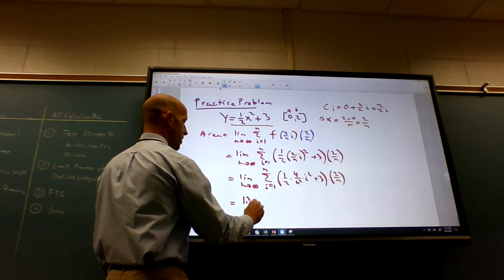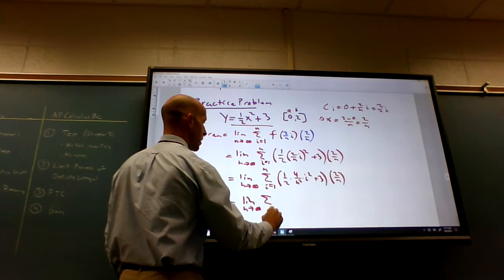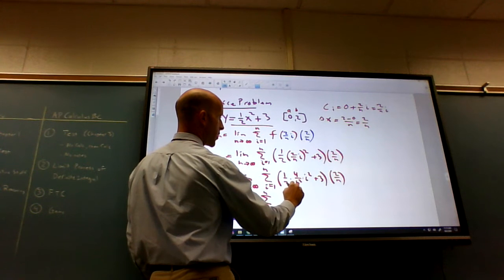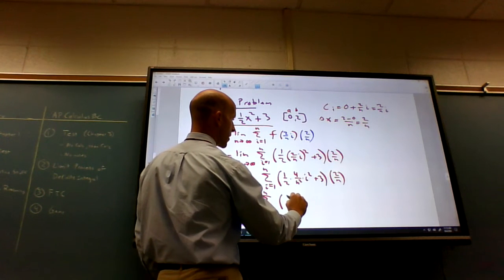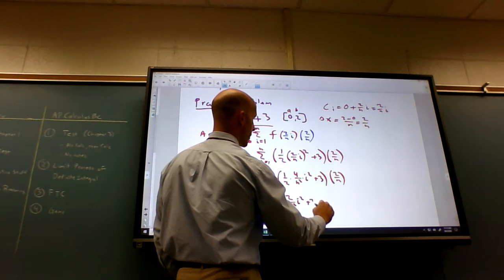So let's do a little bit more simplifying here. And so this 2 and that 4 is going to cancel, so that's going to give us 2 over n squared times i squared plus 3.